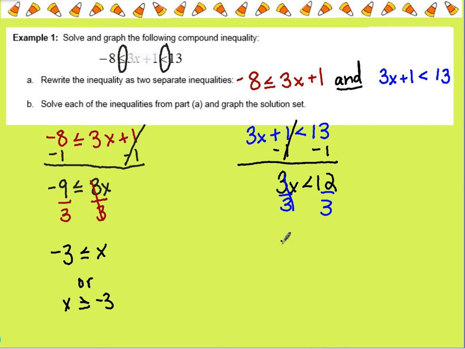And here we have x is less than 4. Now what we're going to do is graph this on a number line. And since I'm graphing two inequalities, I'm going to mark negative 3, 4, and 0 on my number line.